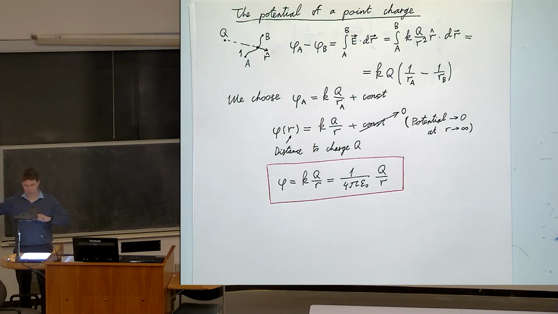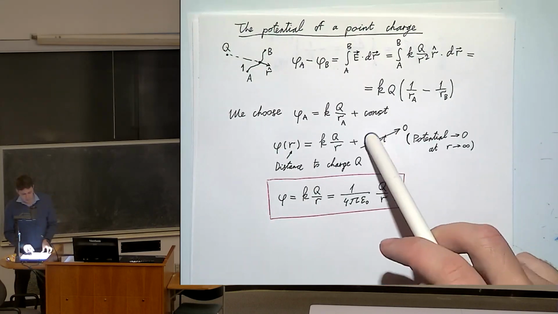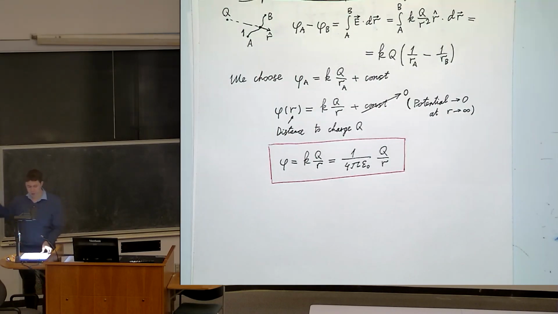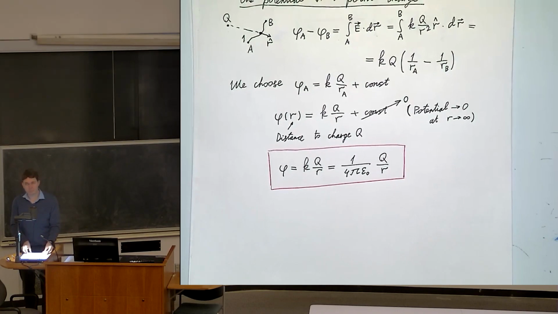We see how much work is done and define the potential difference. Gotcha. So it's change in work between 2 points relative to a charge? Well, not change of work, just the work to move the unit charge from one point to another. And that results in the change of energy of that charge in the field of charge Q. And now we set this constant to 0 so that the energy at infinity is 0. Gotcha. Right. Thank you.